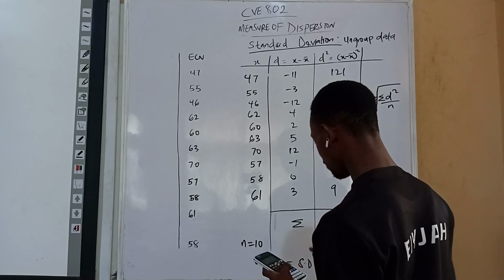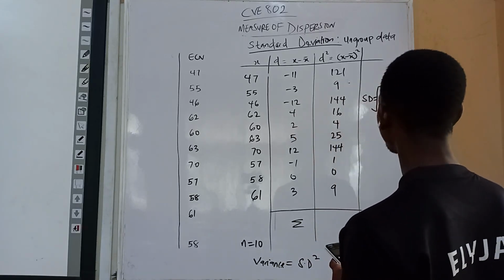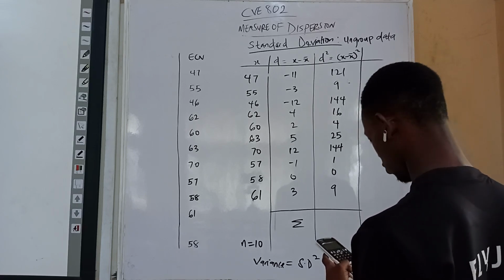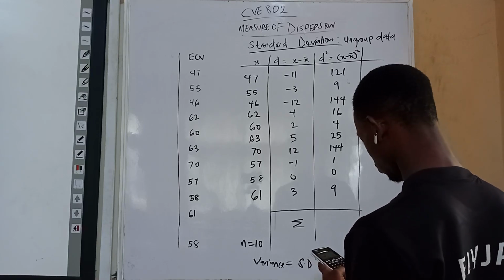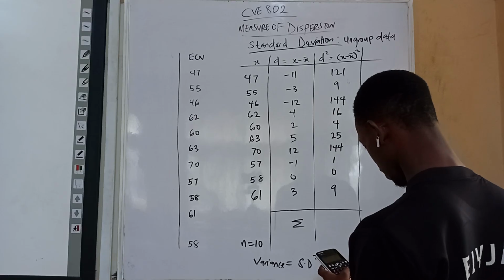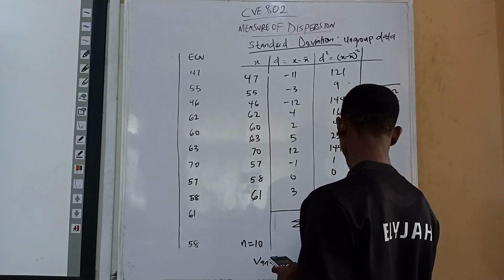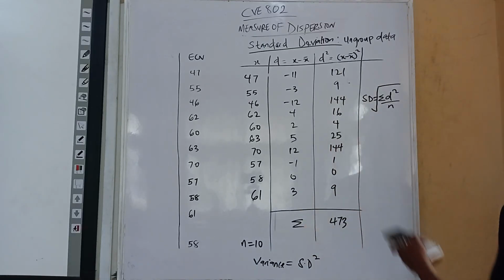So adding everything together, 121 plus 9 plus 144 plus 16 plus 4 plus 25 plus 144 plus 1 plus 0 plus 9 equals 473. So this is our summation.